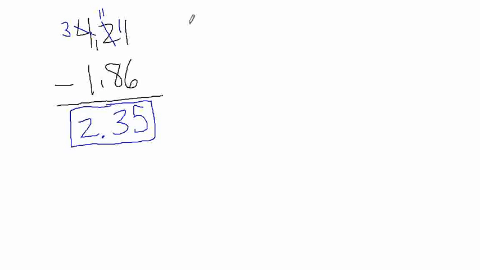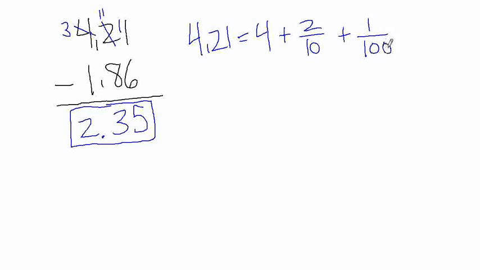Okay, so let's write 4.21 as 4 plus 2/10 plus 1/100th. Okay, now would you agree that 4 plus 2/10 plus 1/100th is equal to 3 plus 12/10 plus 1/100th? So notice what I did.